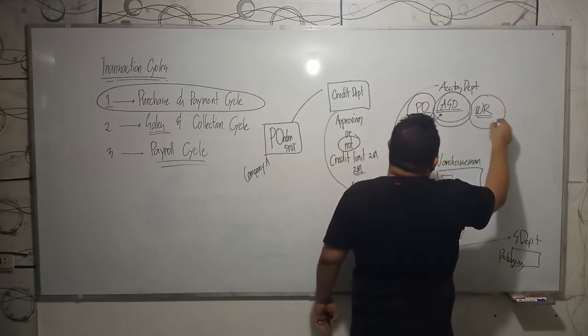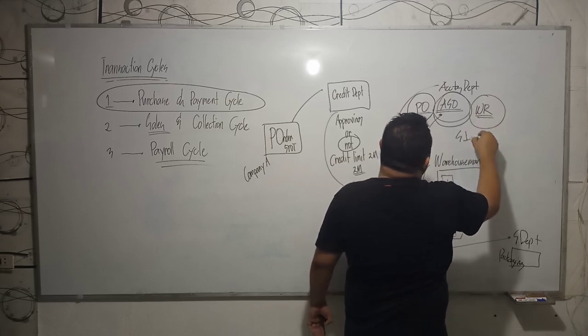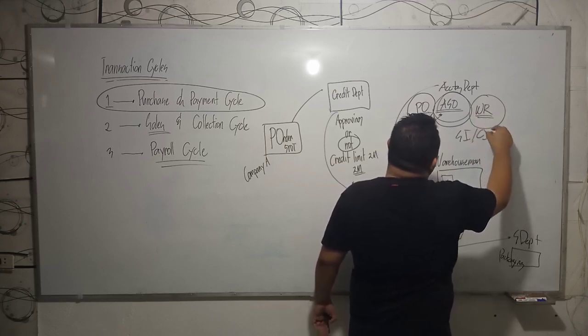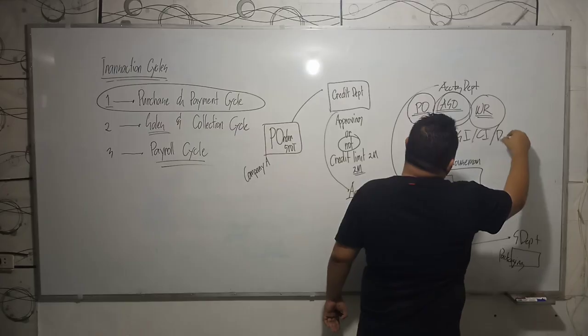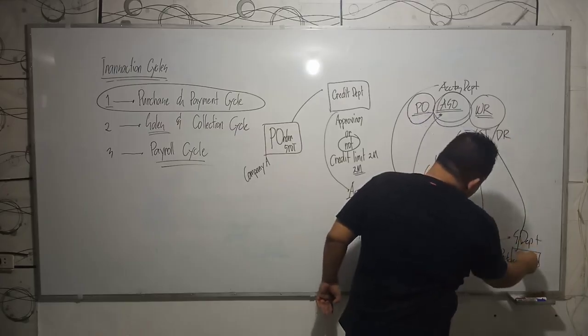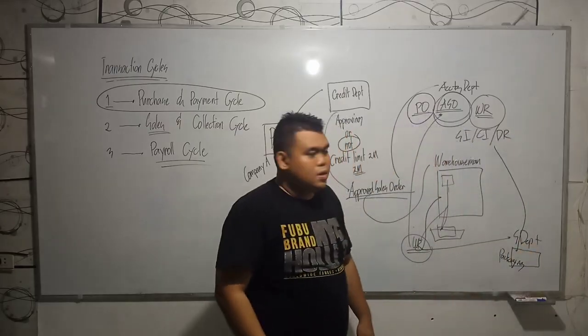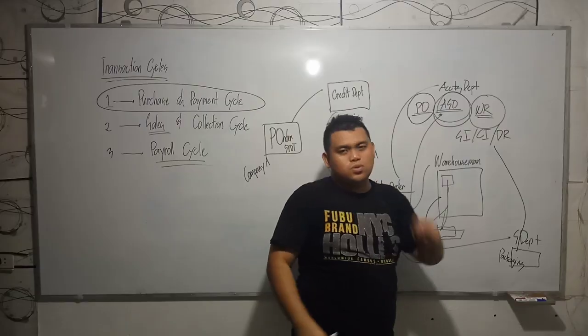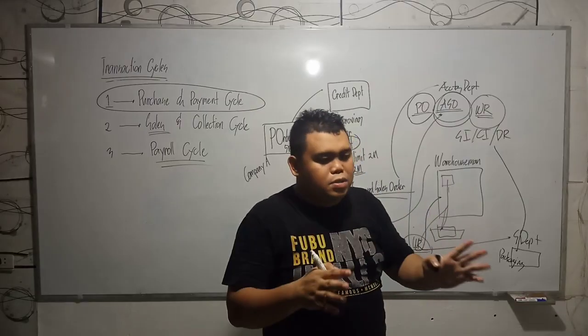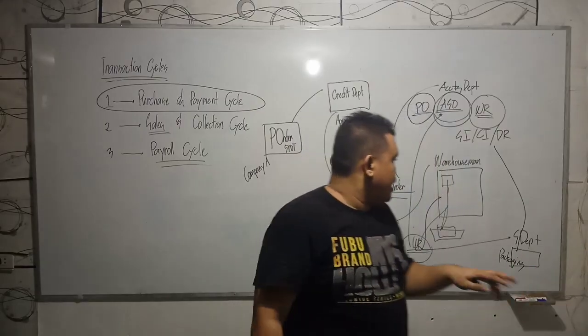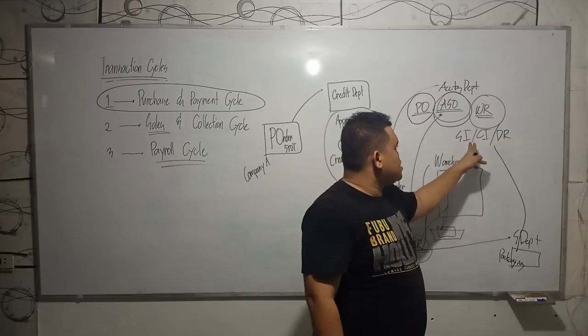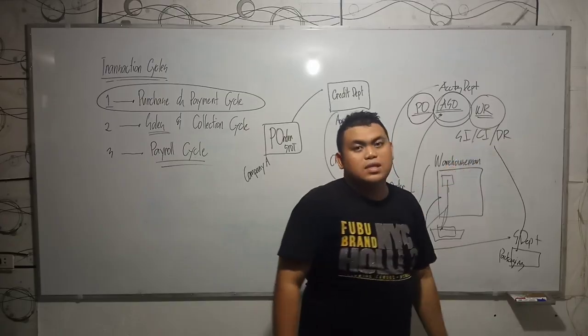If it's good, it will print a sales invoice or a charge invoice or a delivery receipt to go with the package. Okay? So the shipping department has now two things: the items that were packaged and the document, sales invoice or charge invoice or delivery receipt.